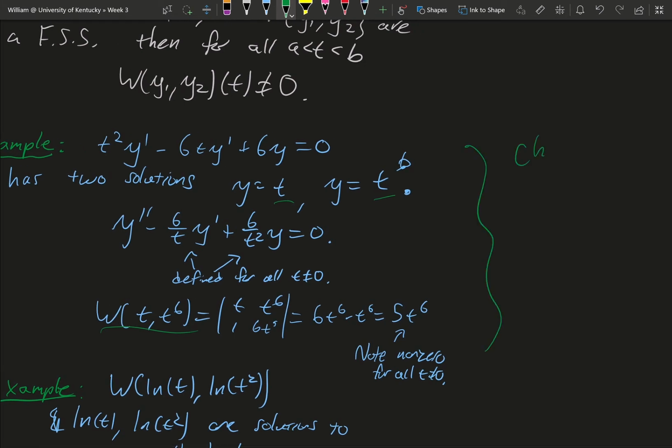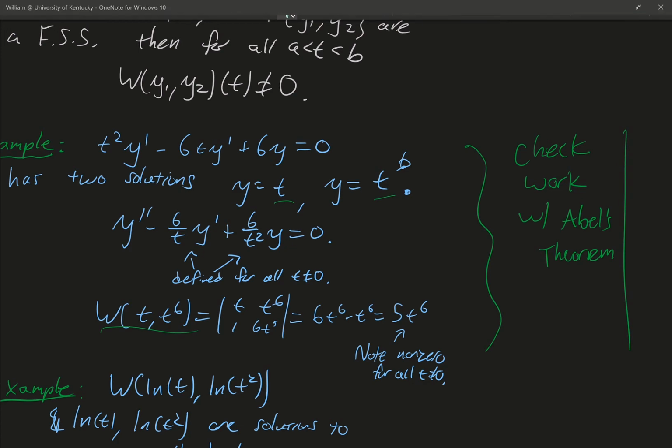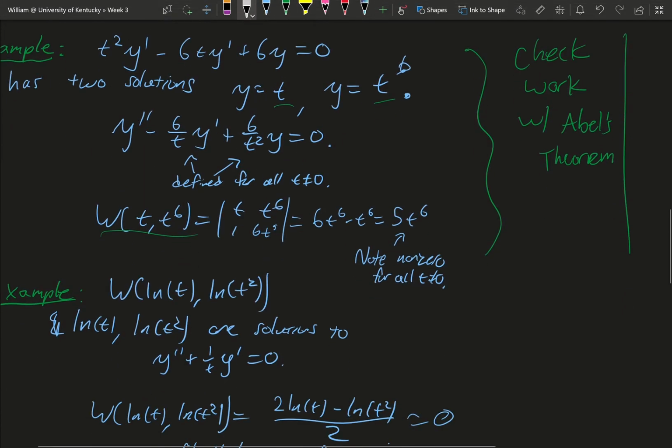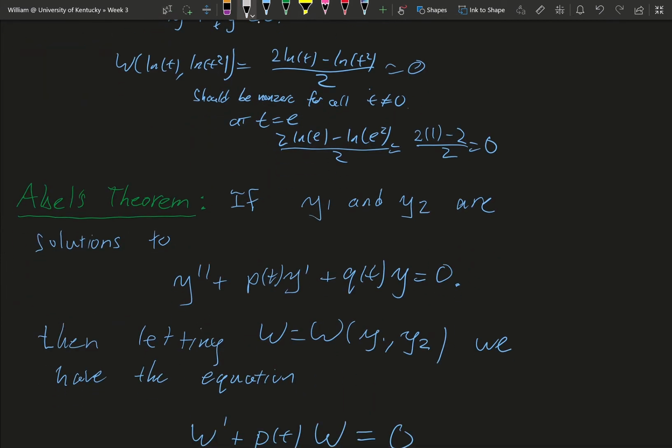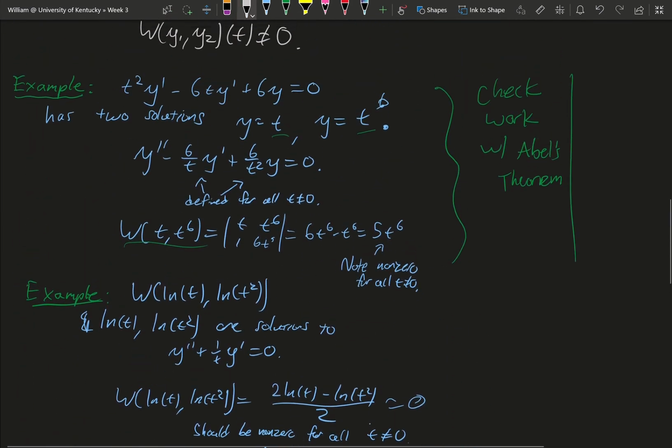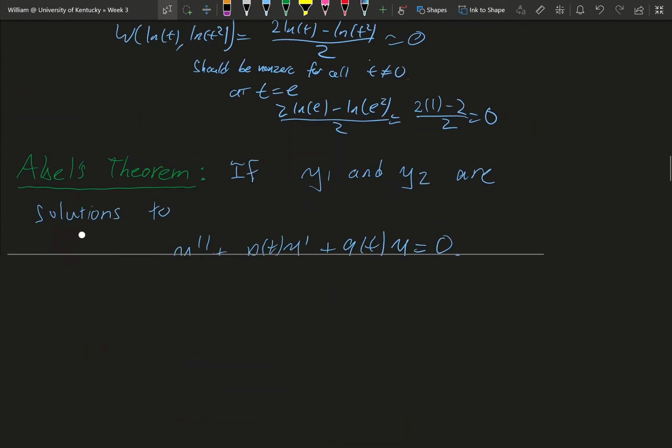So let's check our work using Abel's theorem. Again, we have to use this form of the equation. If we check this, y double prime has a 1 in front of it, so we need to use this equation.